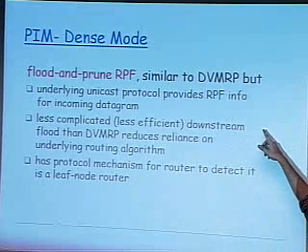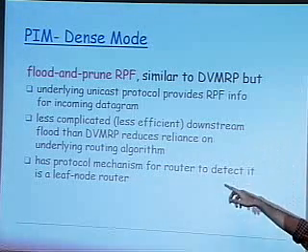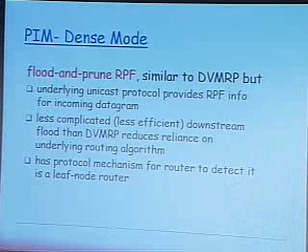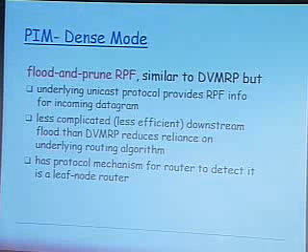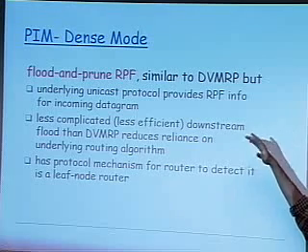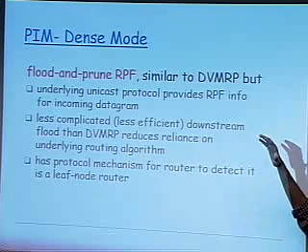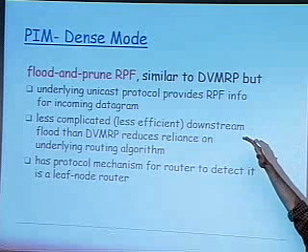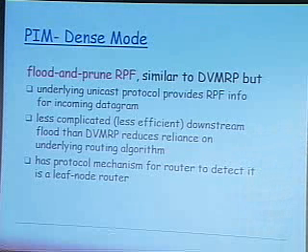Here in PIM dense mode, it just utilizes whatever the underlying unicast protocol tells it about the shortest path, and uses that to decide whether to flood or not flood. So it works with any unicast routing protocol. It doesn't have its own routing protocol. DVMRP has its own distance vector routing protocol.